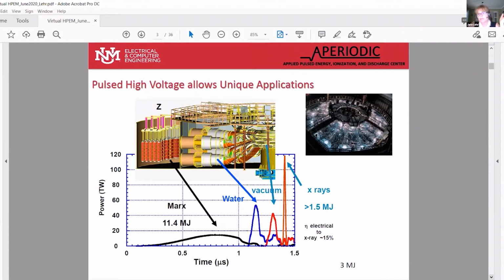As it goes through a series of capacitive compression techniques, it ultimately produces X-rays with a very short duration pulse. The efficiency is 15%. This is a very large machine. But these techniques are very specialized, and they're only used in very special applications.